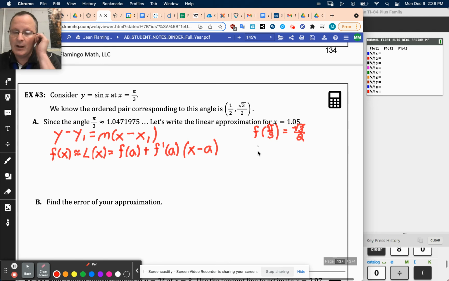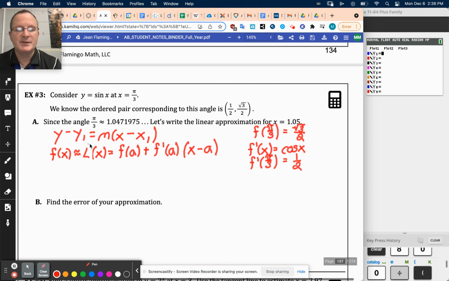And then f prime of x is cosine x. So f prime of our a, pi over 3, is the cosine of pi over 3, and that's 1/2. Okay, all right, so there we go.